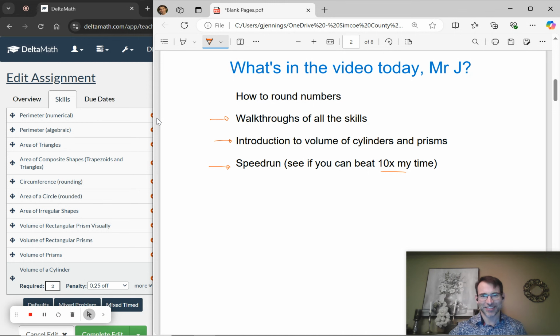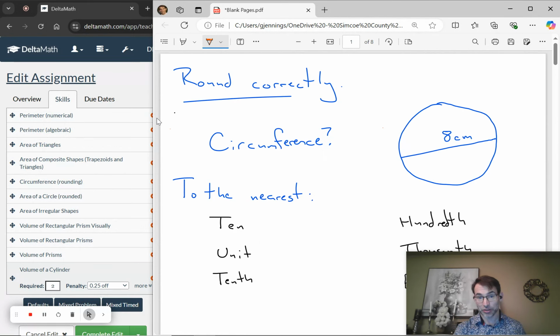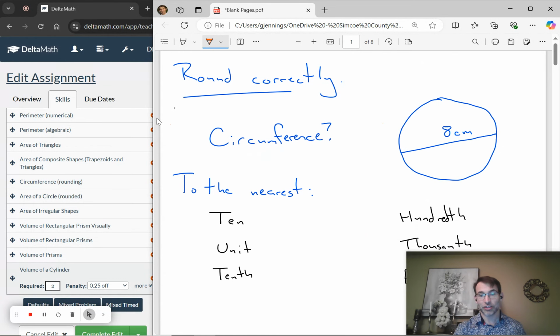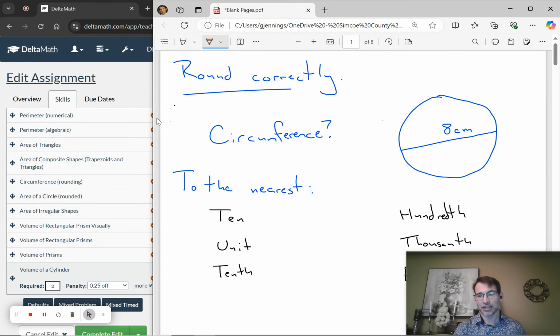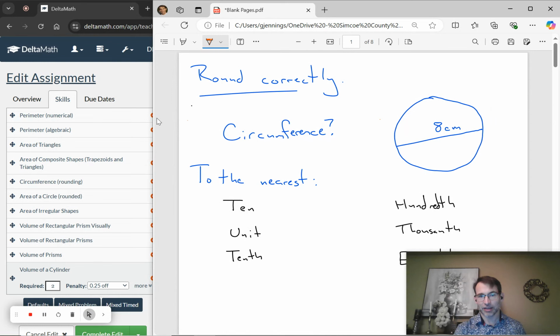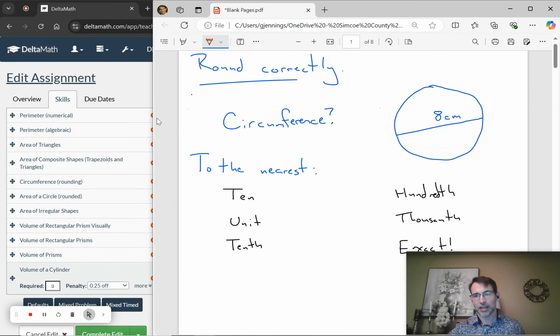Okay, but first, most of the mistakes that you're going to make today are going to have to do with rounding numbers. So I want to make sure you know how to round numbers correctly. Here's a question that you might be asked in Delta Math: we've got this circle here. It happens to be 8 centimeters in diameter.